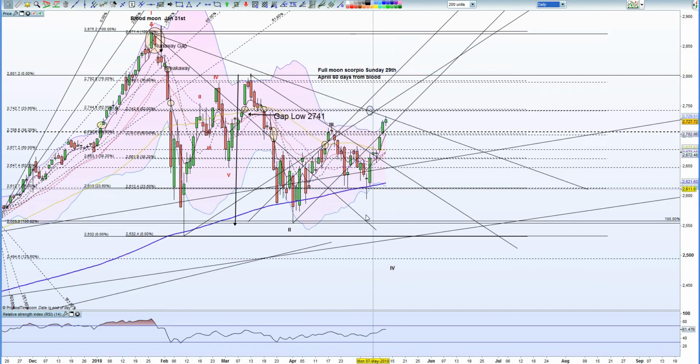Okay, so my last update was that upon this spinning top, which squared out at a 60-day cycle, I was looking for lower prices to print, which we had.